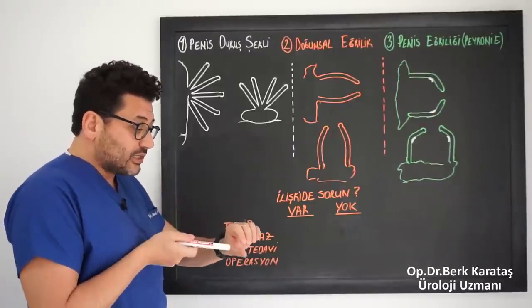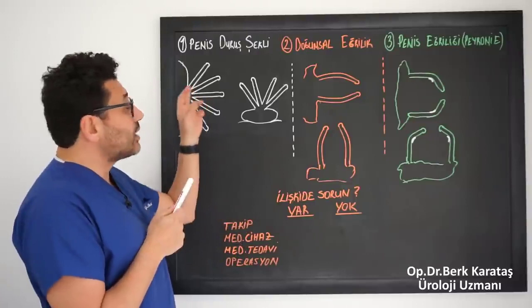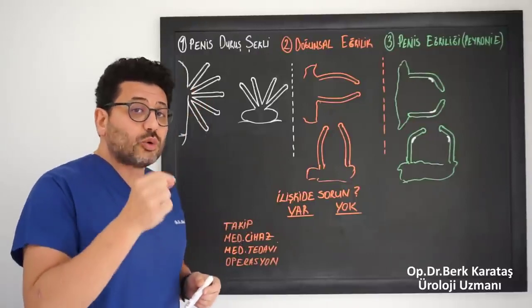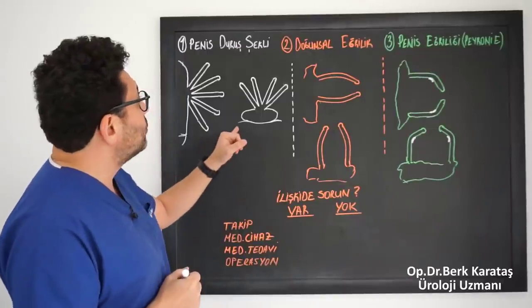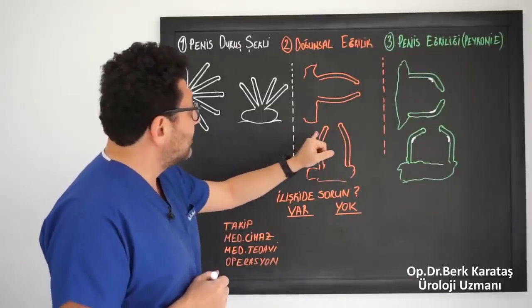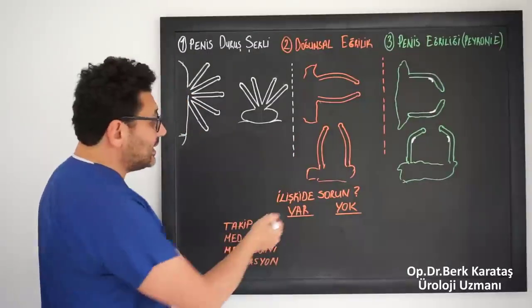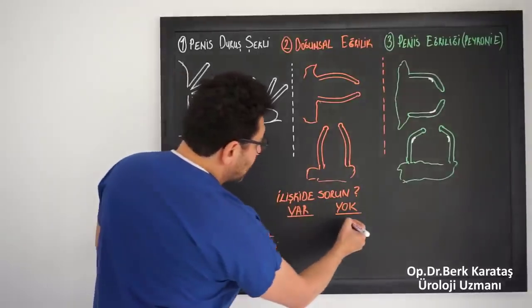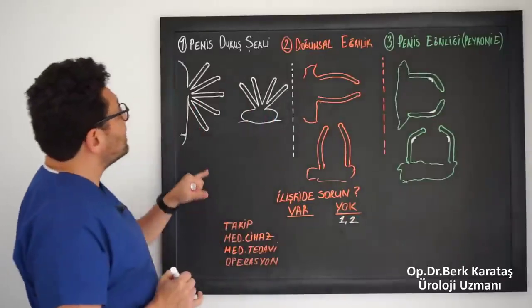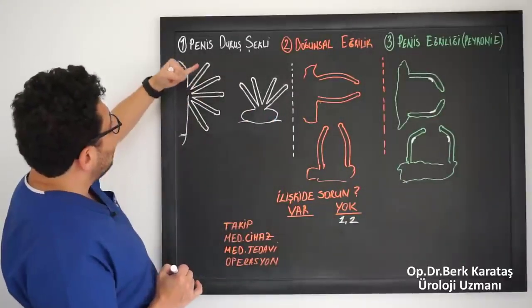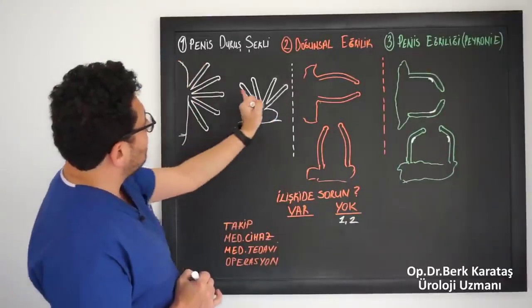Of course, there is pain here because it needs to be lowered a little during intercourse. There may also be a loss of hardness because there is pain. In other words, there is usually no problem in the relationship with the posture of the penis and congenital curvature. So 1 and 2 are mostly followed. It's just that if there is pain in this way or in that position, it doesn't happen much here.